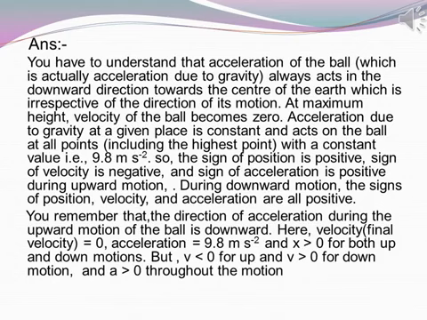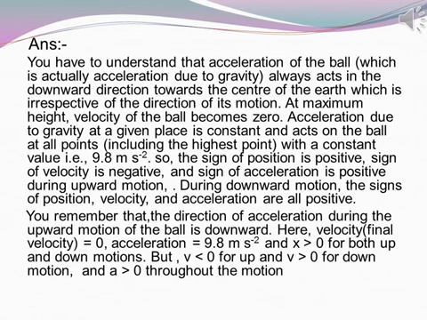For solving this question, you have to understand some points. The acceleration of the ball, which is actually acceleration due to gravity, always acts in the downward direction towards the center of the earth, irrespective of the direction of its motion.